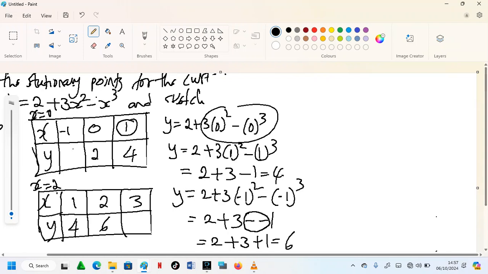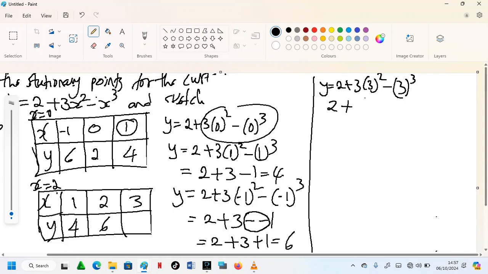And finally, for 3, y is equal to 2 plus 3 times 3 squared minus 3 cubed. 3 squared is 9, 9 times 3 is 27, and 3 cubed is 27 again. So y is 2.